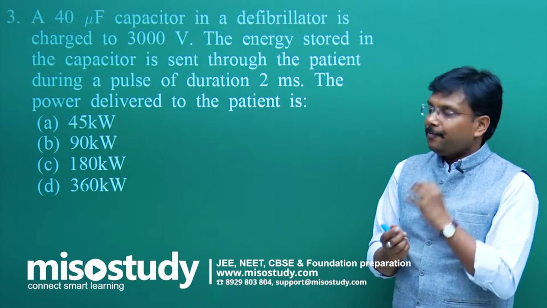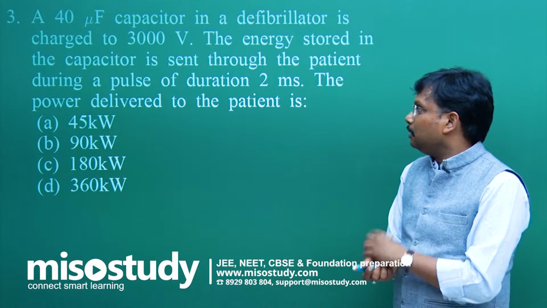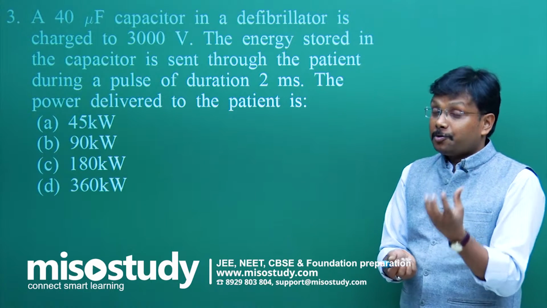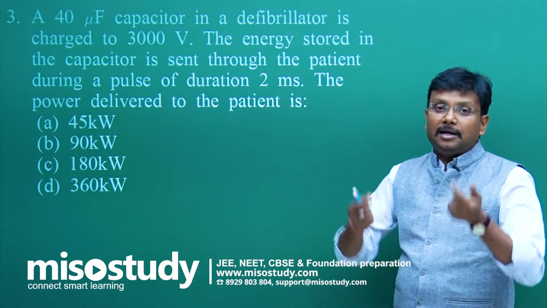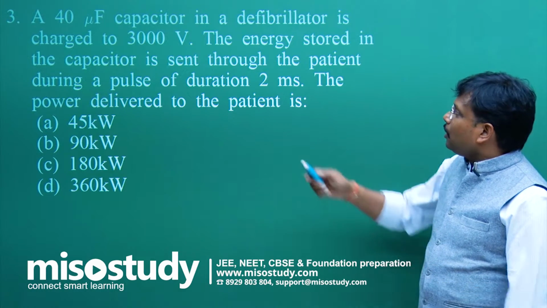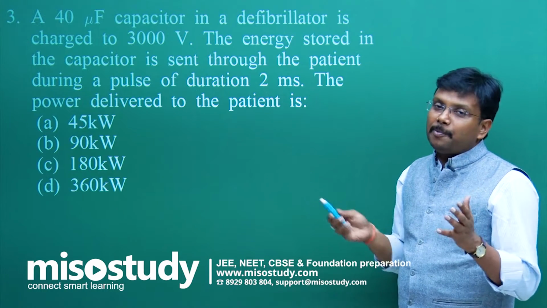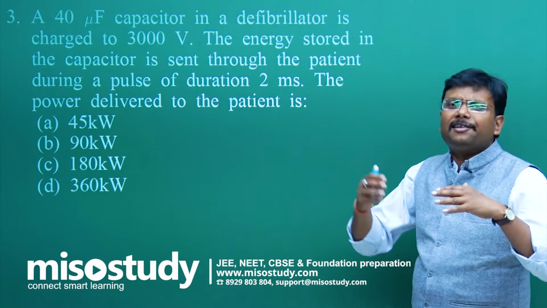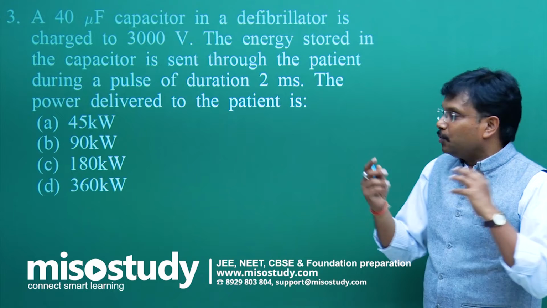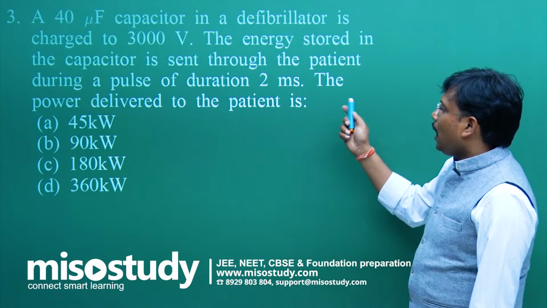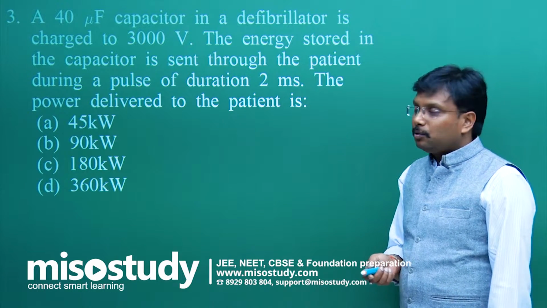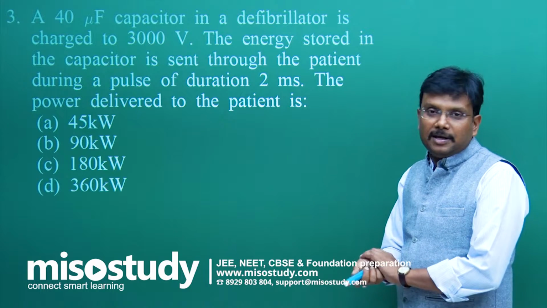Pulses should start coming out from that natural pump which is responsible for pumping blood in our entire body. This device works on the principle of energy stored in capacitors, and as and when required it utilizes that. So you have to find out the power delivered to the patient in 2 milliseconds.